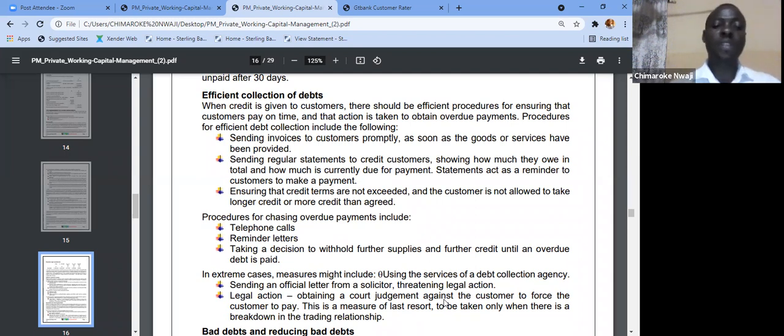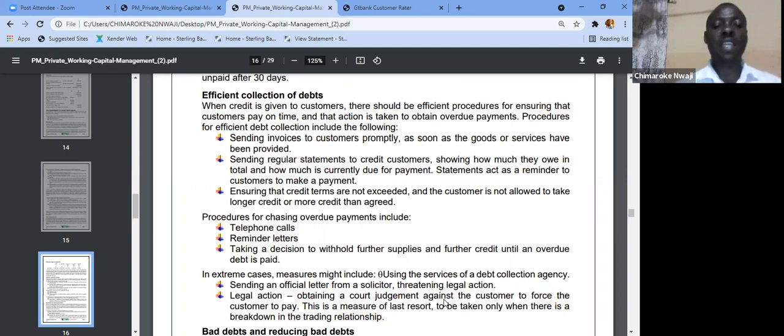And you know something? When you keep making these phone calls, begging them for the credit that they begged you to give, they may start going to other places to buy because you have been disturbing them. And so there may be a need for you to send them reminder letters that, look, our good customers, for continued relationship, please come and pay your debt.